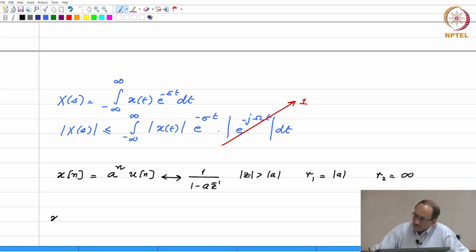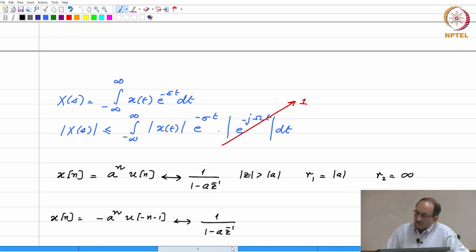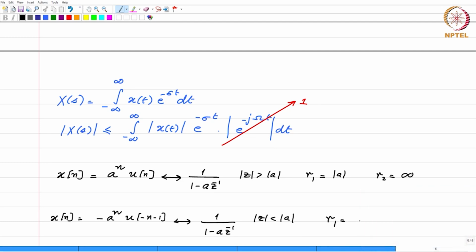Similarly, if you had x of n to be minus a to the n u of minus n minus 1, again you had 1 by 1 minus a z inverse, the same algebraic expression, but in this case it is mod z strictly less than mod a, and here R1 is 0, R2 is mod a. So, just to illustrate the fact that R1 can be as small as 0 and R2 can be as large as infinity, we have already seen examples.